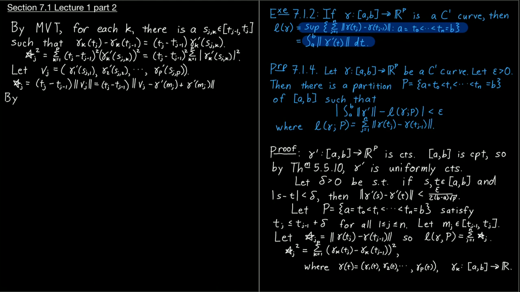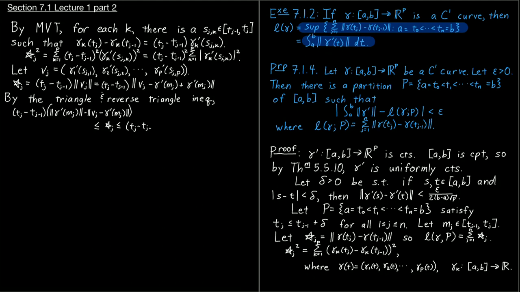And by the triangle inequality, we can say that tj minus tj minus 1 times the norm of vj minus gamma prime of mj, let's make that negative, let's subtract that from the norm of gamma prime of mj, is less than or equal to what we've got written above, which is our star j, and that's less than or equal to the same thing with a plus.